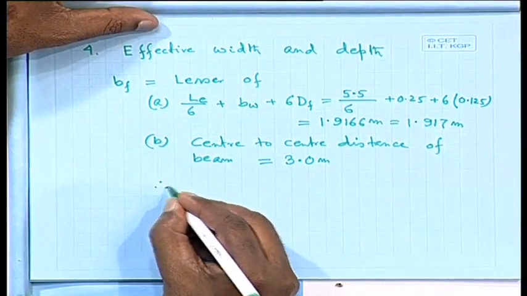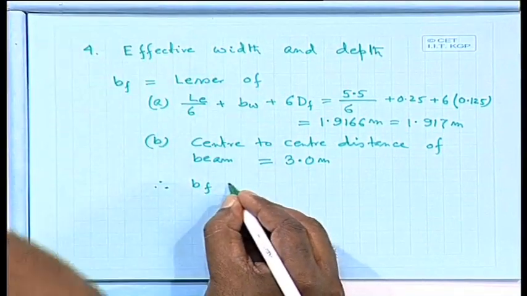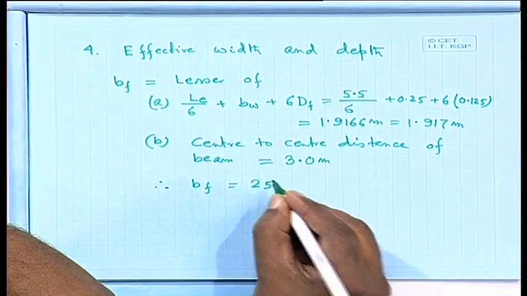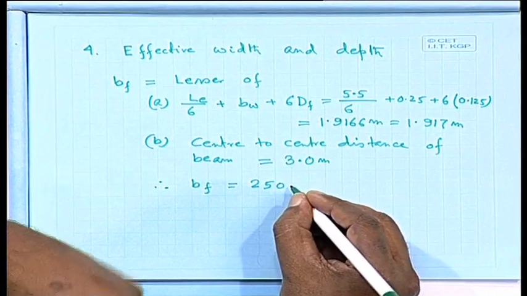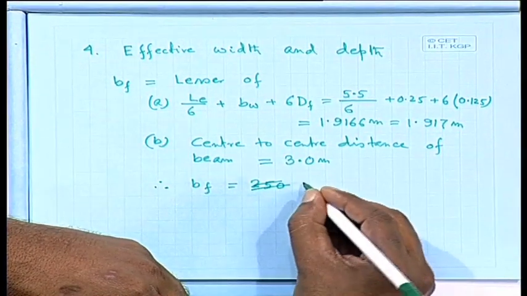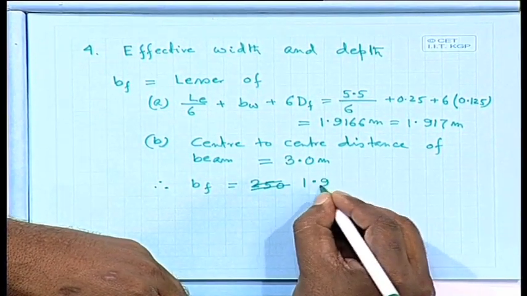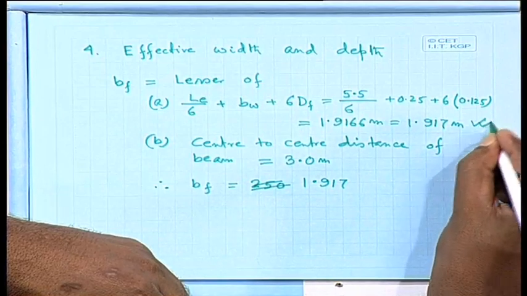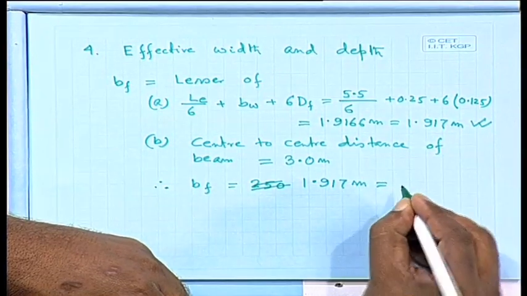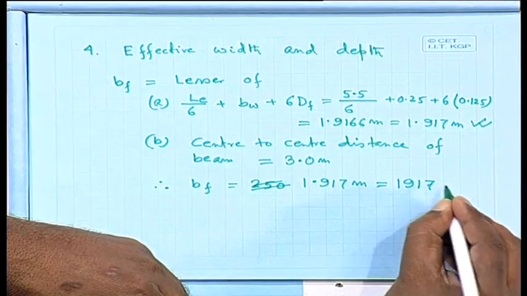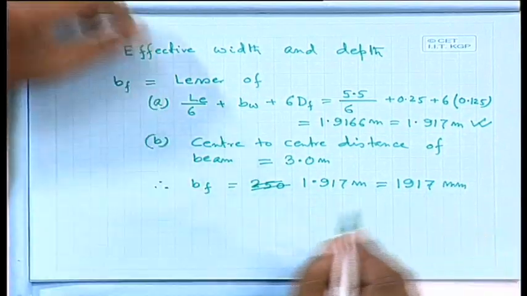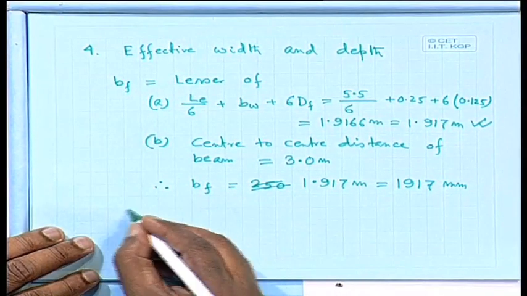So, BF is the lesser of 250 and 1.917 meter, equal to 1917 millimeter. Let us write down.